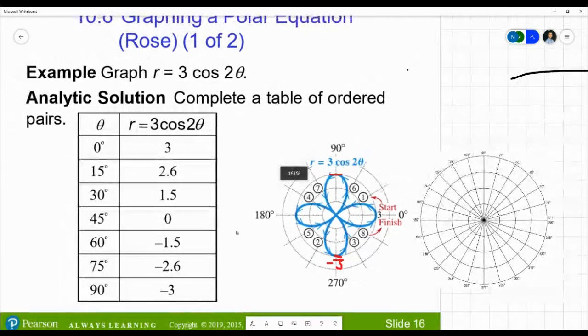Okay. All right. So what do you think happens if I change this 3 to a 4? Let's go back to the calculator.